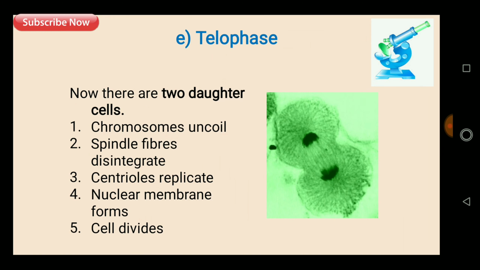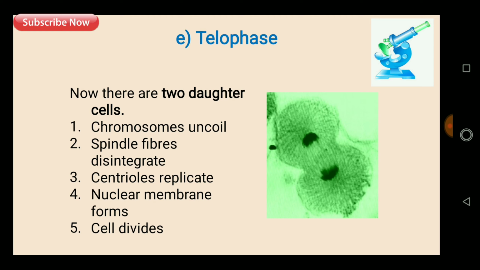Now the next phase is the telophase, where the division of the nucleus will take place and also the division of the cell. That means cytokinesis as well as karyokinesis will appear over here.